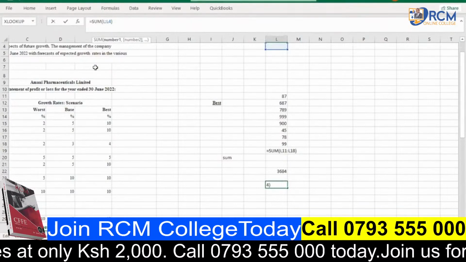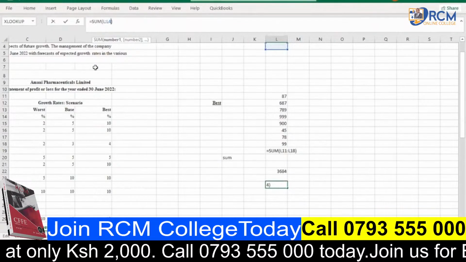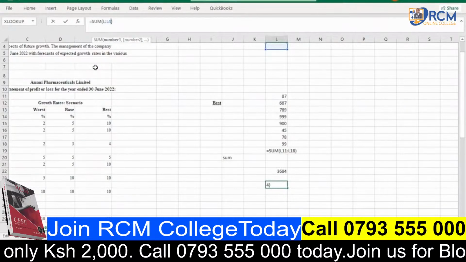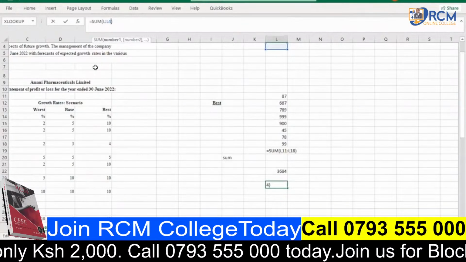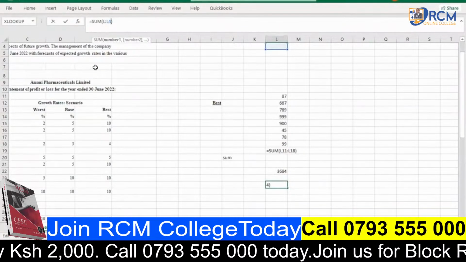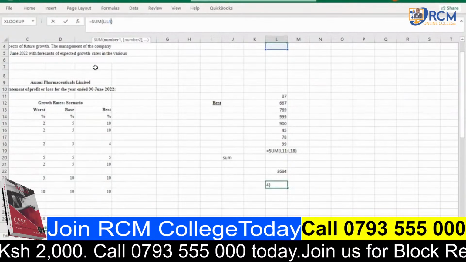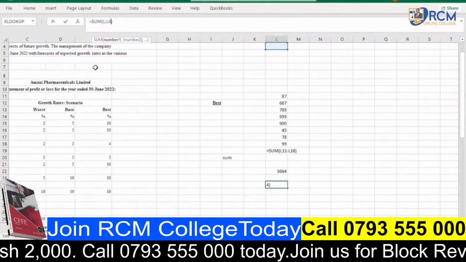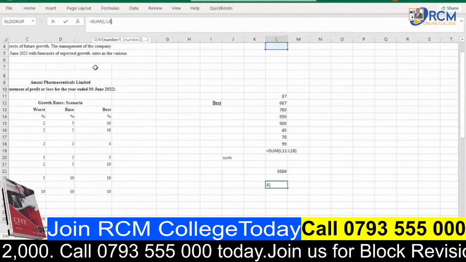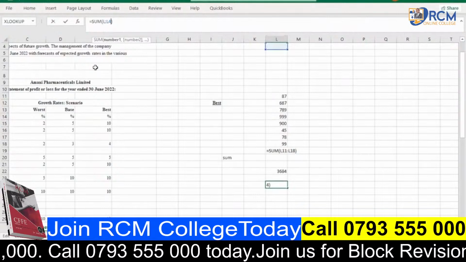Of course, you'll be given a training maybe 1 or 2 weeks before the exam on how to use the computer or how to do the computer-based exams. For those who are going to do it for the very first time, you will be informed. For those who have done it, there is no difference. It is the same thing that you've been doing. If you've ever done any exam online, then you are going to do the same thing.